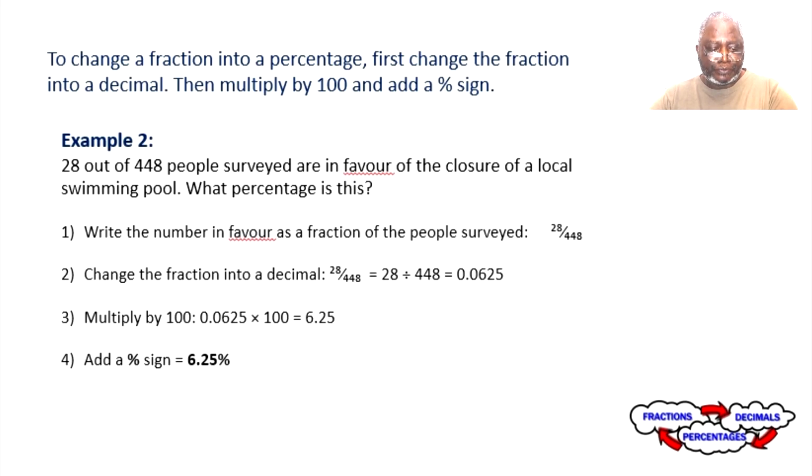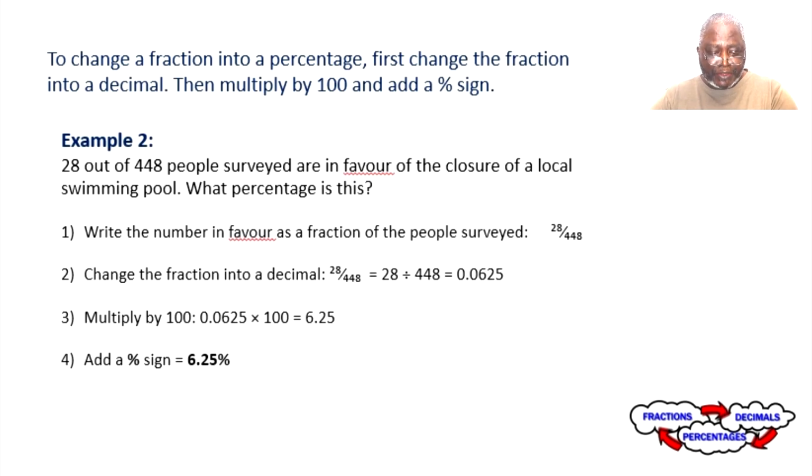To change a fraction into a percentage, let's look at example 2 and see whether we can follow the steps of example 1. 28 out of 448 people surveyed are in favor of the closure of a local swimming pool. What percentage is this? That is, what percentage is 28 out of 448? First of all, write the number in favor as a fraction of the people surveyed, which is 28 out of 448.